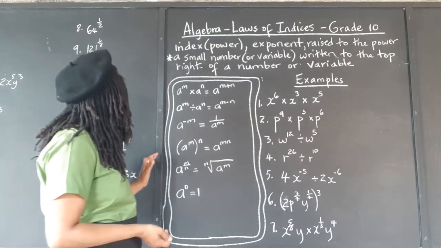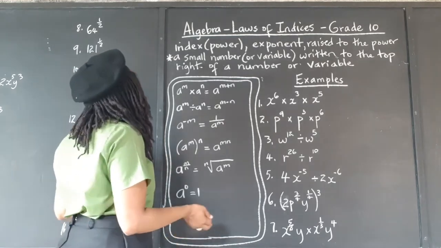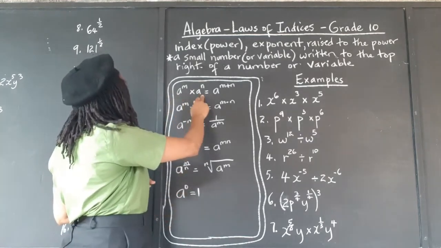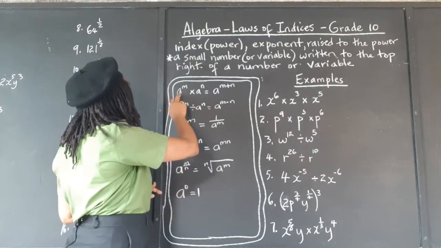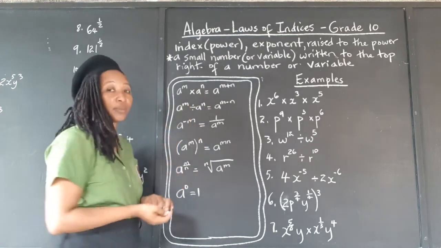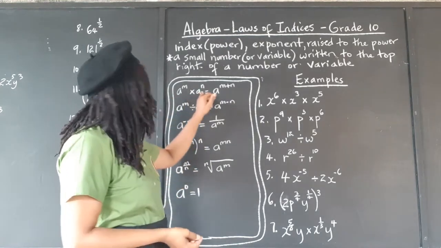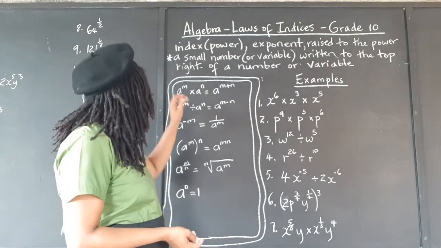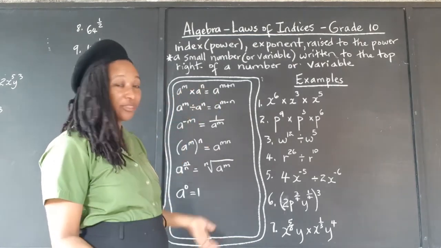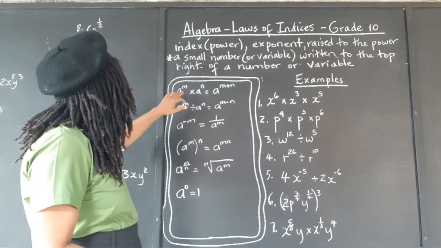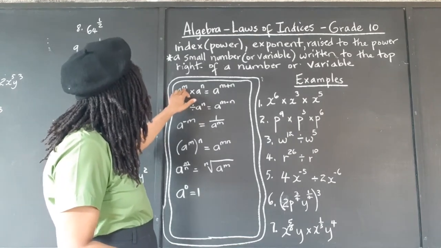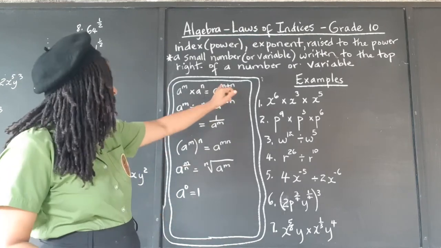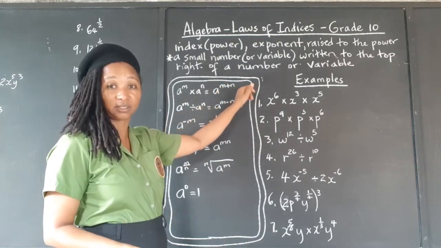So the first law says, if you are multiplying two terms and the bases are the same, so you notice you have A here, A here, the bases are the same, if they are both X, both A, both whatever, the powers that you're raising each base to, you're going to add those powers.